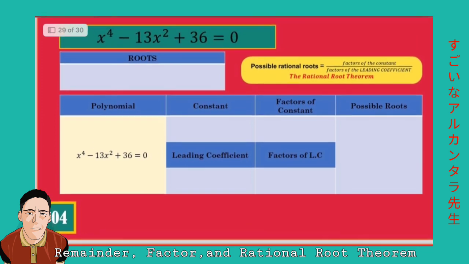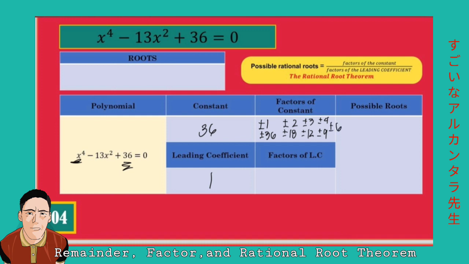So we have here 36 as our constant. Leading coefficient natin, 1 lang ulit. Factors, positive negative 1, positive negative 36, positive negative 2, positive negative 18, positive and negative 3, positive and negative 12, positive negative 4, positive negative 9, positive negative 6.